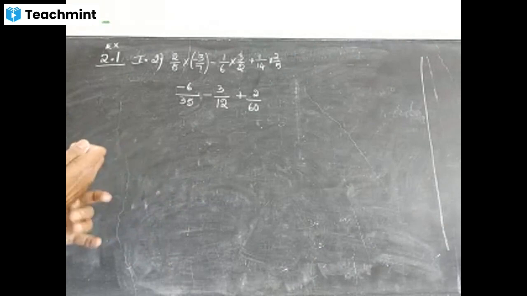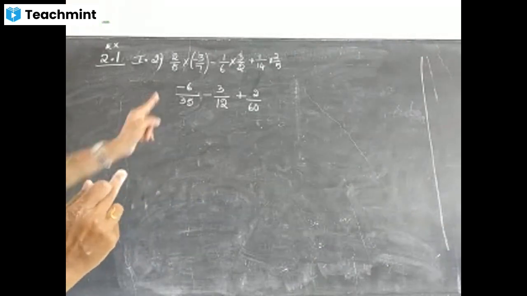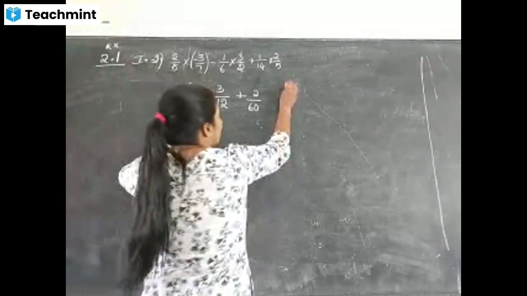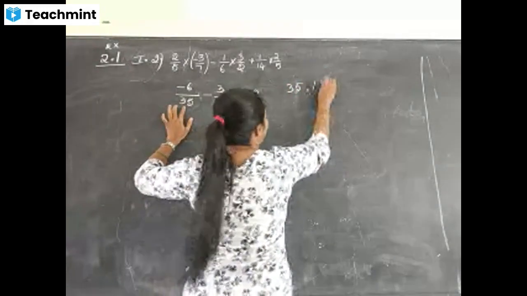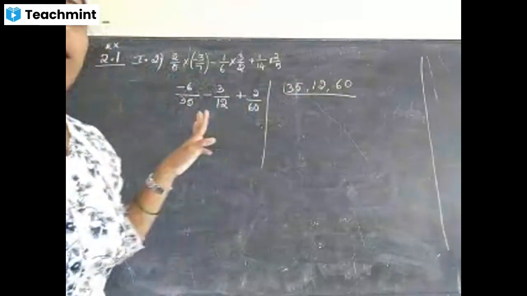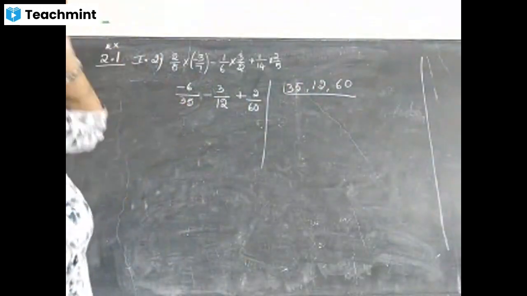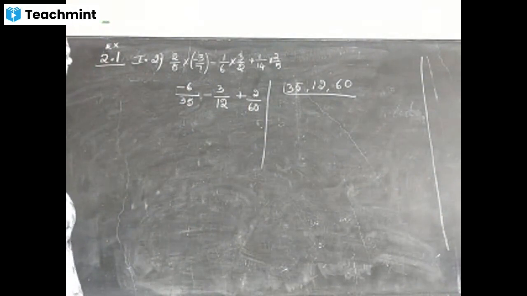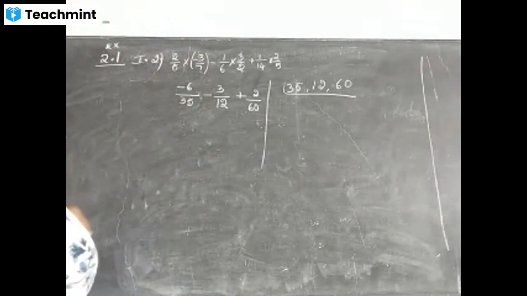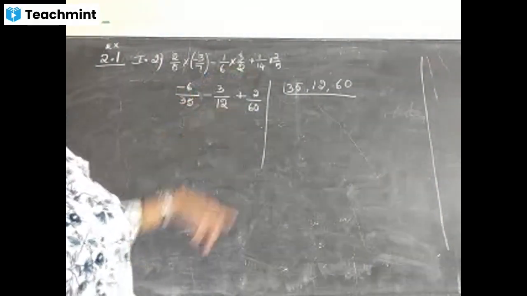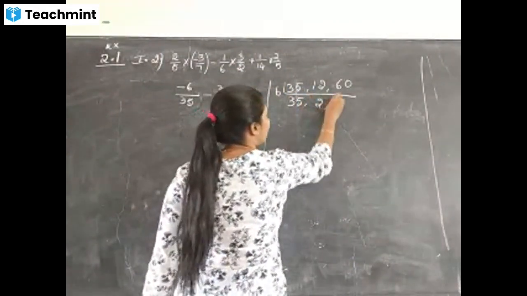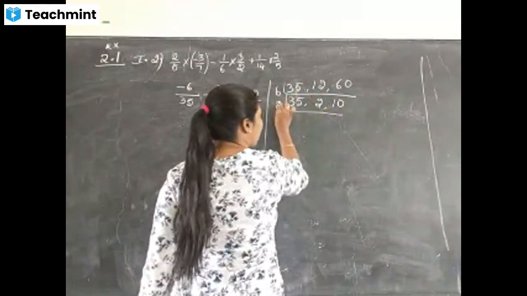Next, I will take the LCM, because the operations are addition and subtraction. So I will take the LCM of the denominators: 35, 12, 70. Are all three numbers divisible by any number? I think no. So I will divide by 6 first, okay? 6 twos are 12, and the 35 goes as it is. Then 2 can divide.